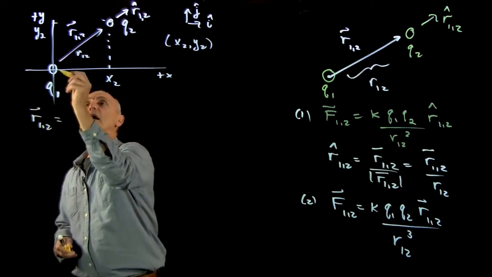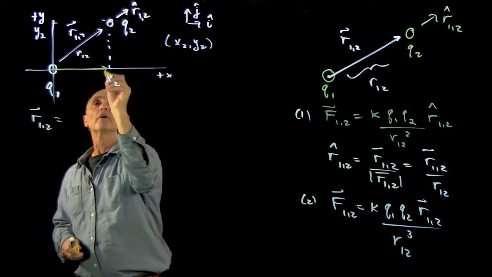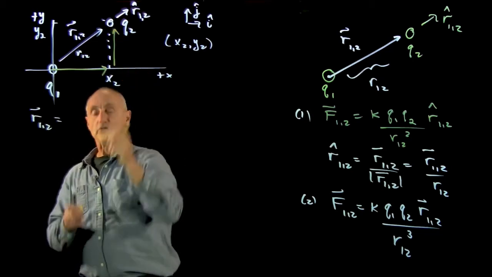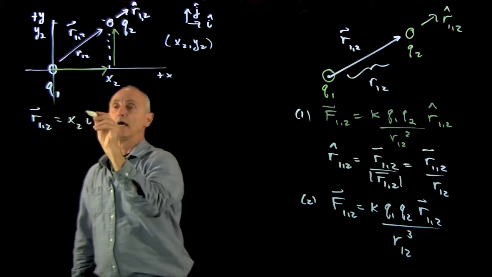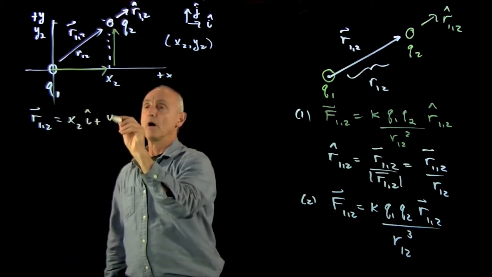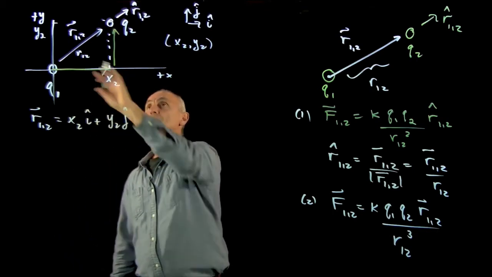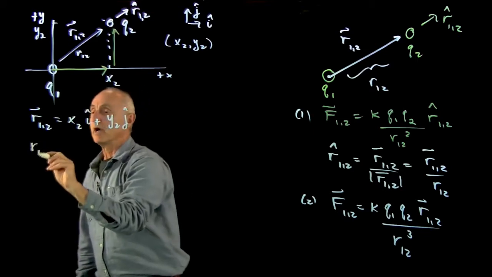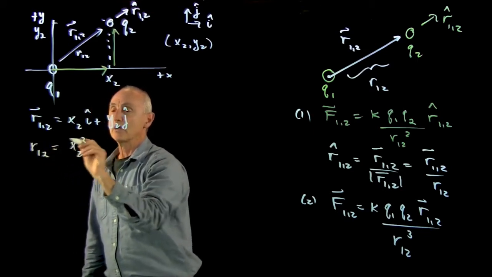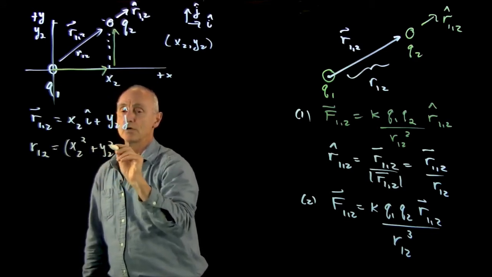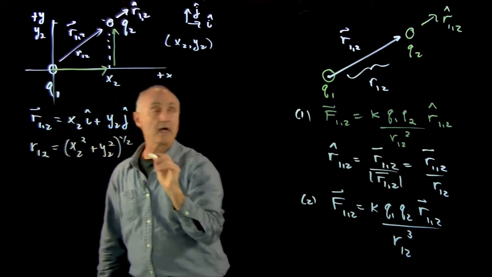We can think of that as the sum of this vector plus that vector, and that's equal to x2 I hat plus y2 j hat. And the magnitude of this vector by the Pythagorean theorem is simply x2 squared plus y2 squared to the 1/2.